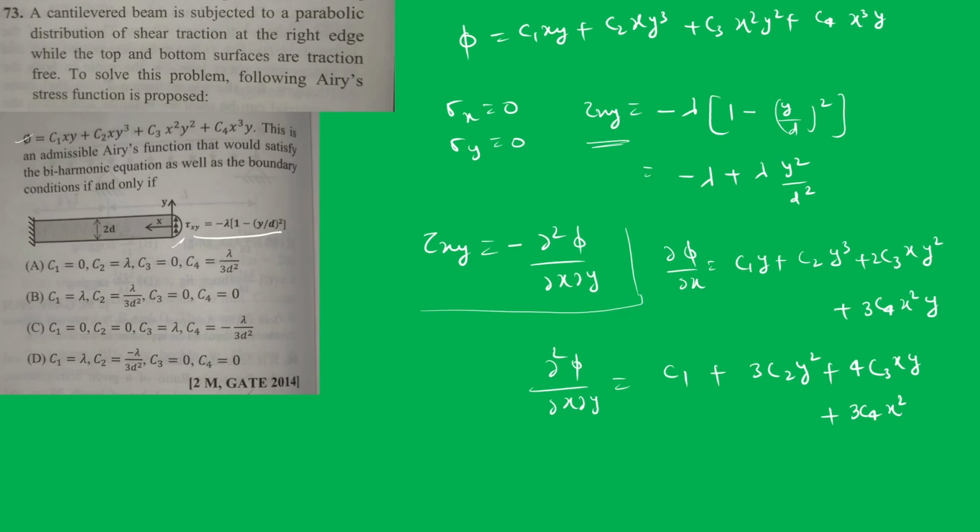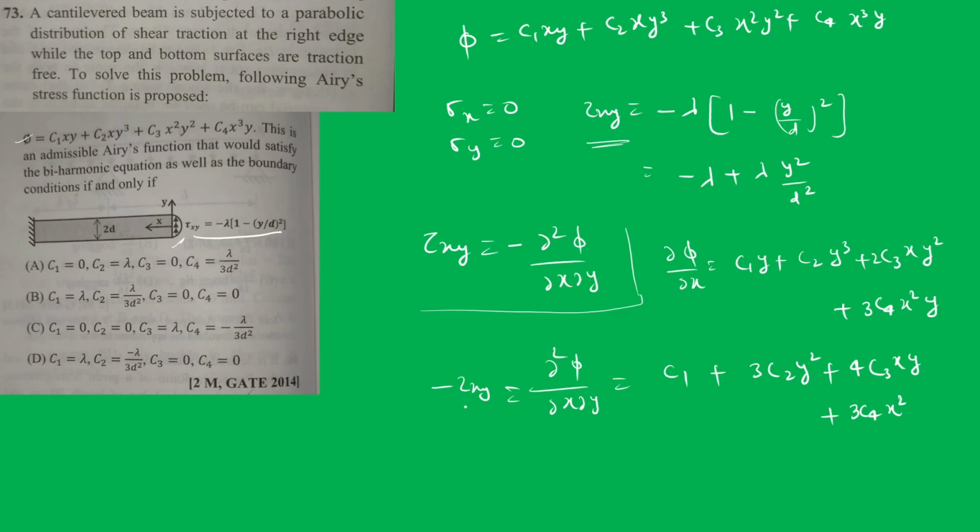So this is dou square phi by dou x dou y, and this is equal to minus tau xy, because there is a minus sign.